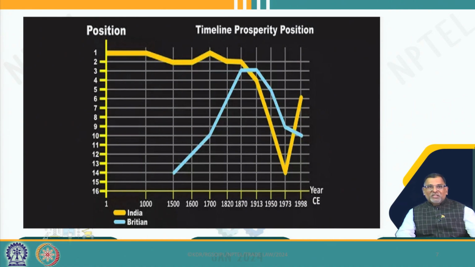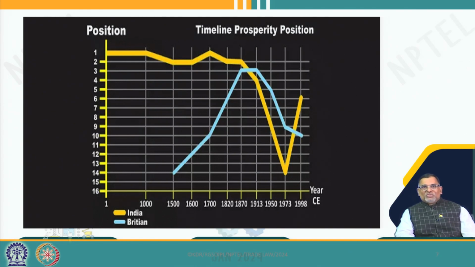So, here is the comparison between the two countries, India and Britain. You can very well see how Britain prospered from 1600. They came to India in 1600, and from 1600 to 1947, India went from the position of number 1 to what position by the 1950s.